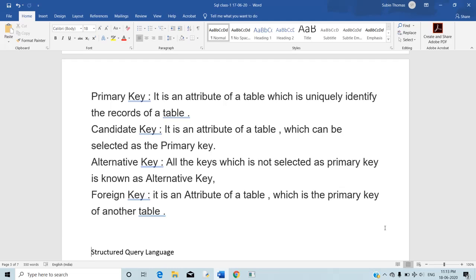For example, we have employee and department tables. In the employee table, I have employee number as the primary key. And there is another attribute named department number, which stores the department number where each employee is working.